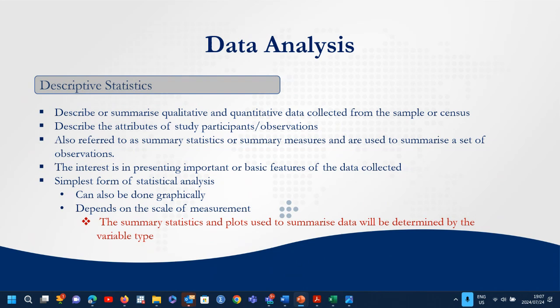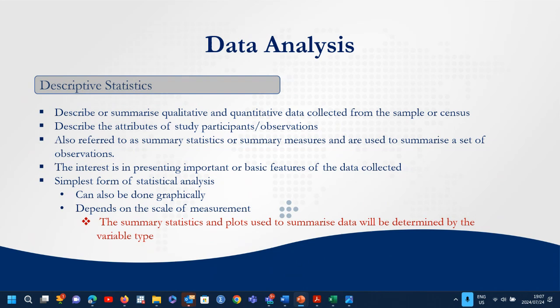Then you say, okay, given these are my variables, given these are the roles, how am I going to analyze them? How can I analyze the variables that I have? So we are now at data analysis. When you analyze your data, the first part is to summarize or to describe.